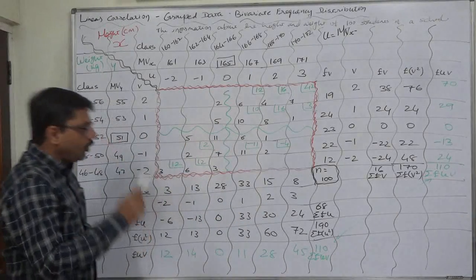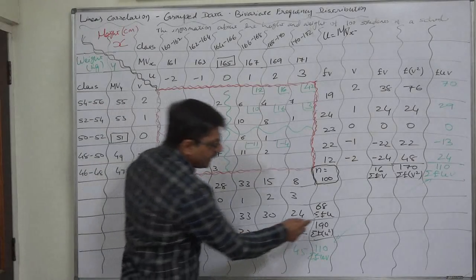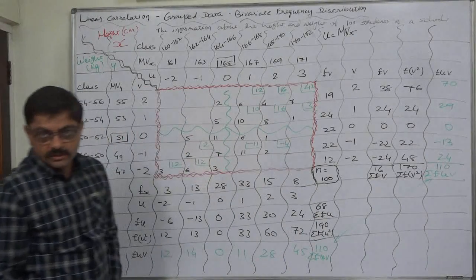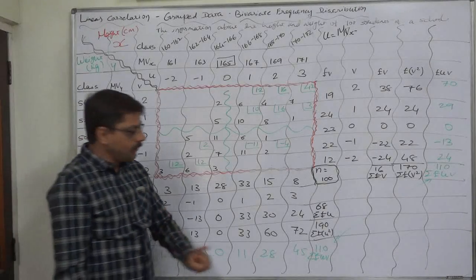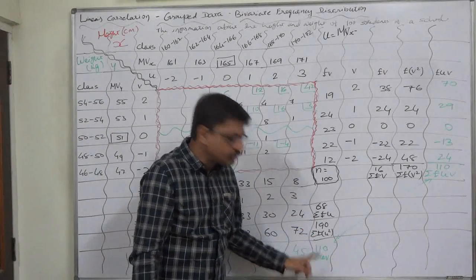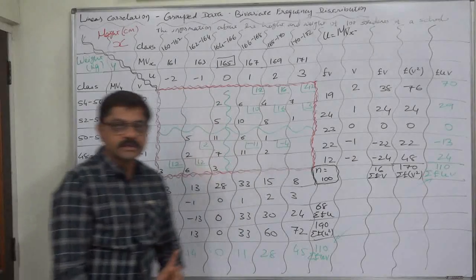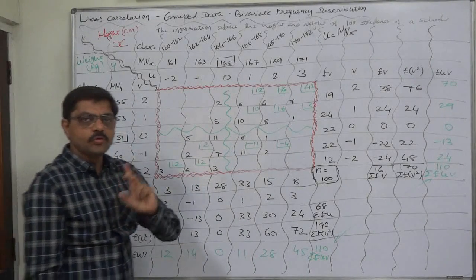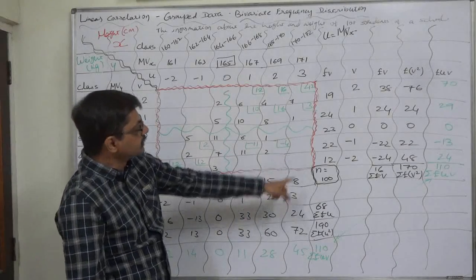The row or column having F in it should be selected for summation. See, where there is F, we have to find summation.